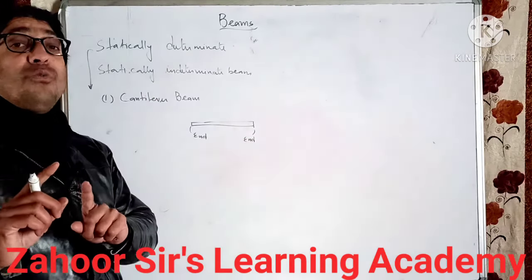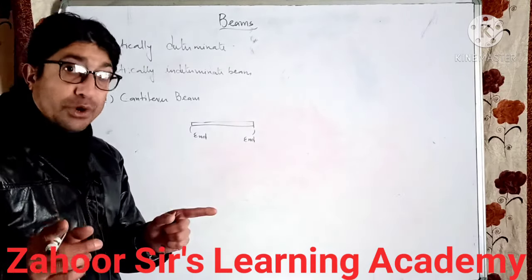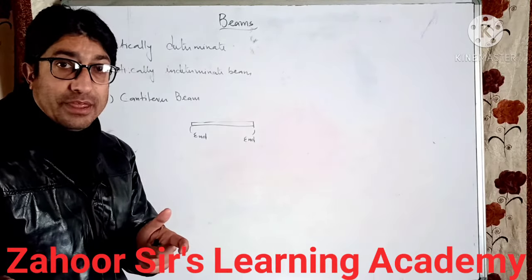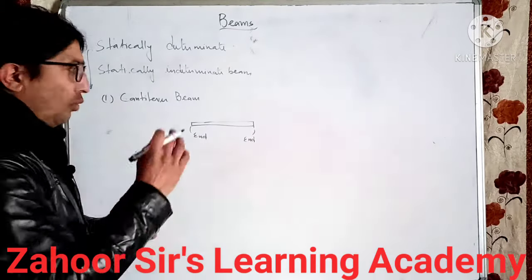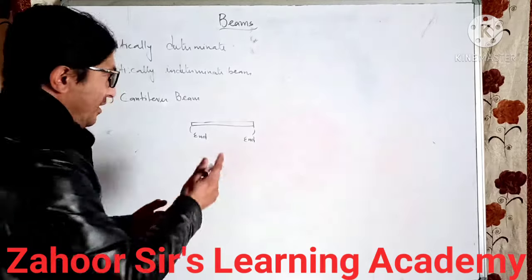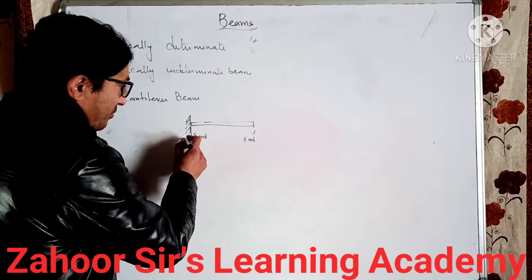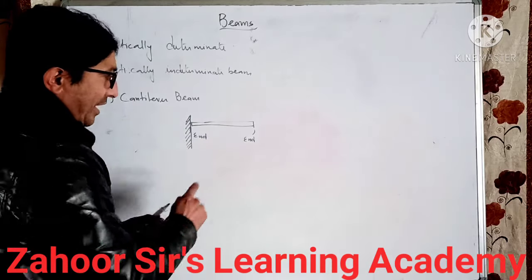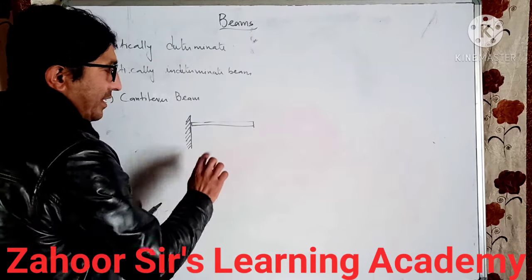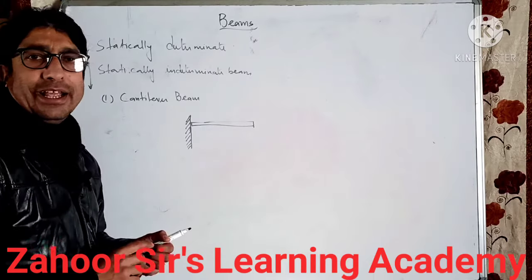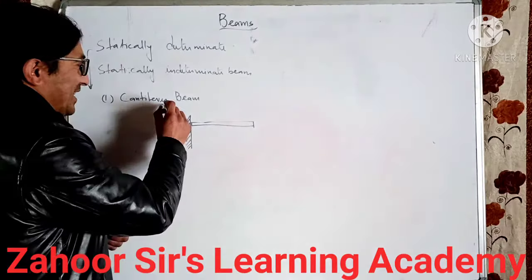When one of its ends is fixed, inbuilt in the support or in the wall, and the other end is free, that type of beam is called a cantilever beam.